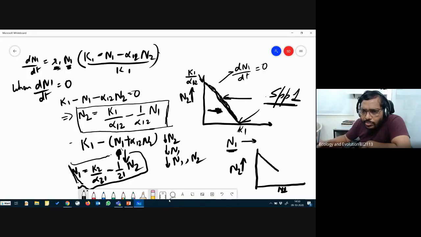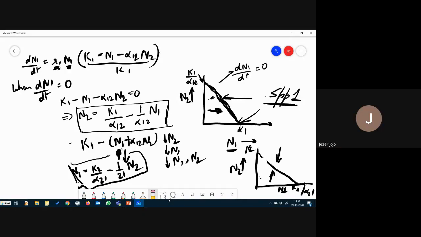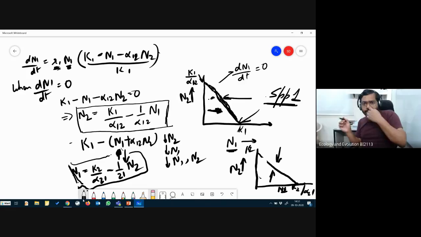Again, I'm going to get a negative slope. K2 is going to be here, and K2 by alpha 21 is going to be here. By the same logic I discussed in the previous graph, when I'm below this line, the population size of 2 will go up, and when I'm above this line, the population size of 2 will go down. Agreed, people?